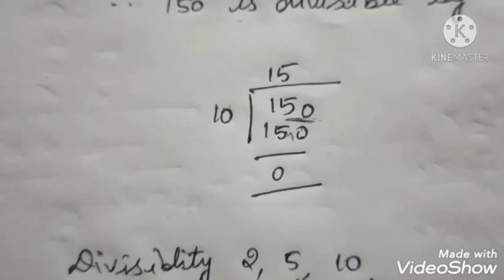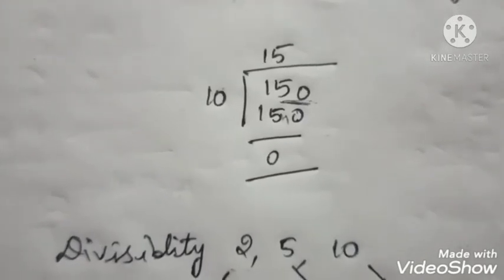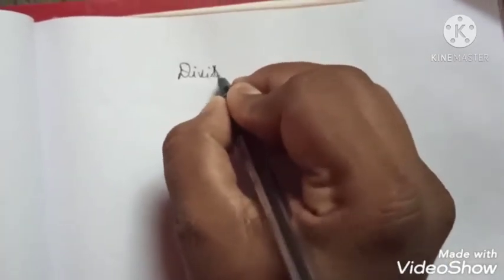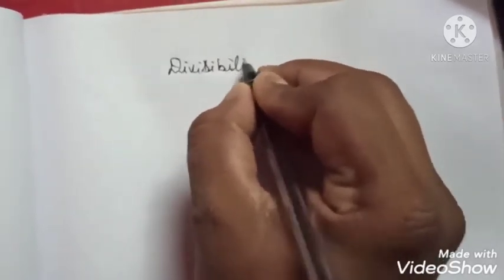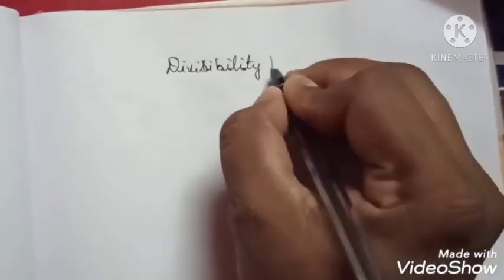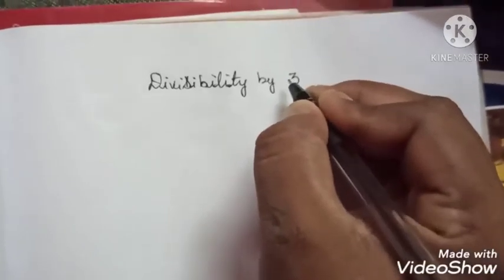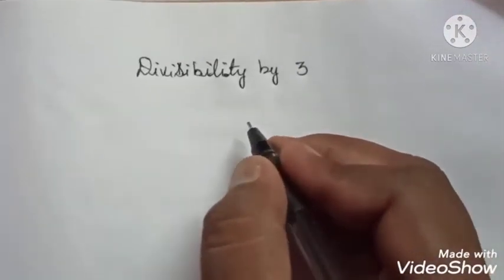So next we move on to divisibility rule 3. Now we see divisibility by 3. What is the rule for divisibility?